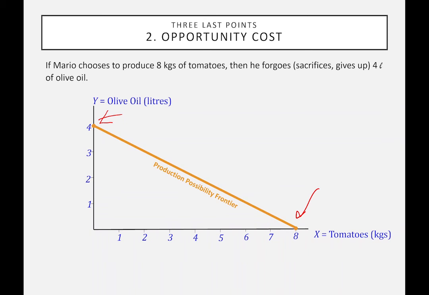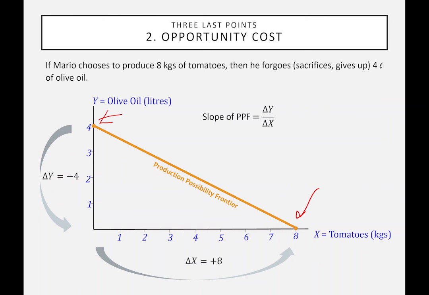And we can see it here graphically, is that imagine that you give up these 4 liters, but then you get these 8 kilograms. So in economics, we refer to this as the opportunity cost. It mathematically is simply the slope of the production possibility frontier. That's the change in y, the change in the vertical distance, divided by the change in the horizontal distance.